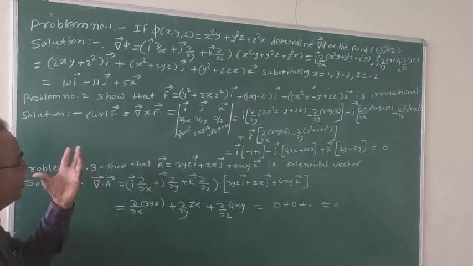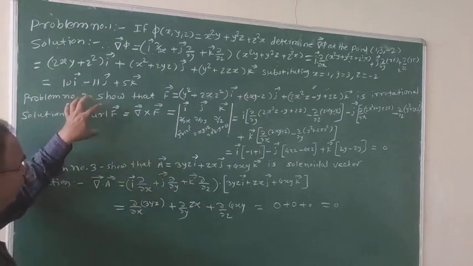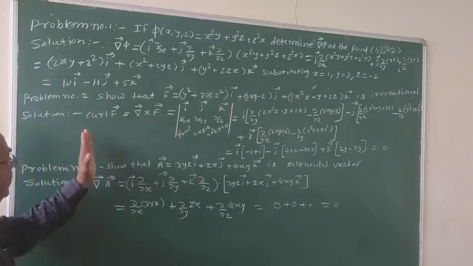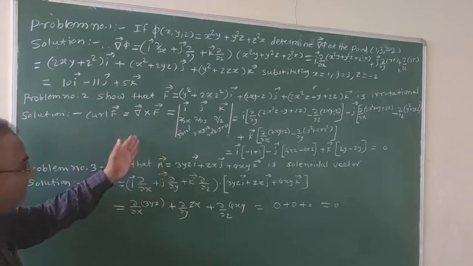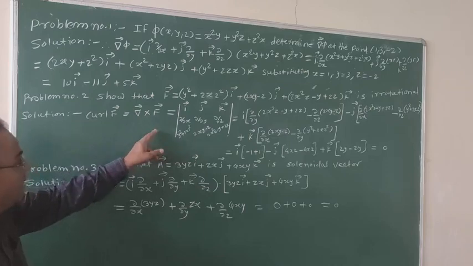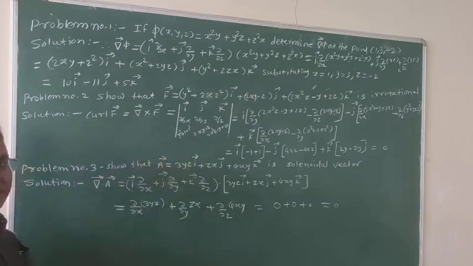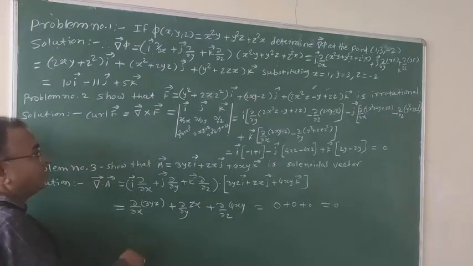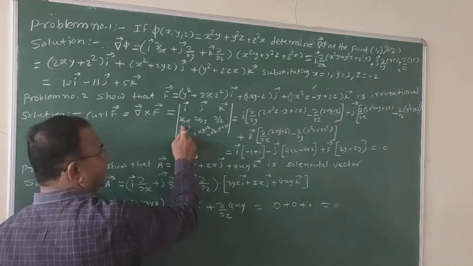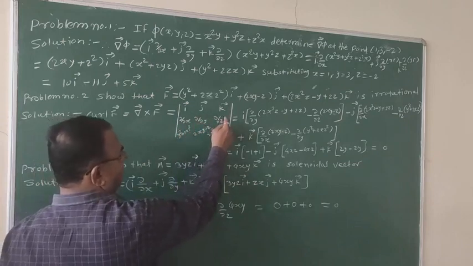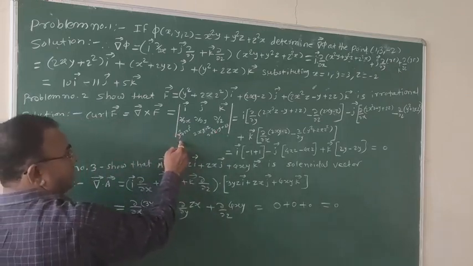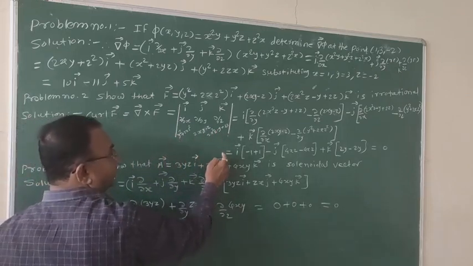Using that concept, we want to find the curl of the given vector. We know that the curl of vector f bar is written as del bar cross f bar, which is given by the determinant of i bar, j bar, k bar; delta by delta x, delta by delta y, delta by delta z; and fx, fy, and fz.